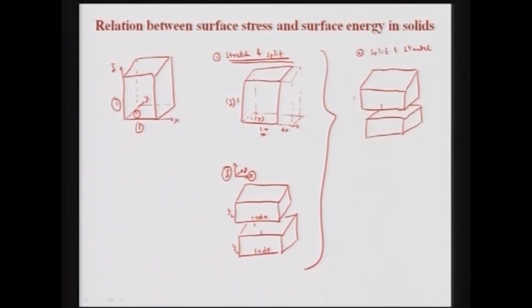Along x I have 1, along y also I have 1 unit length, but along z I have now split it, so I get two cells which have a height of half. And the second step is to stretch it along the x direction, so I can get the similar crystal as I got in the first case.